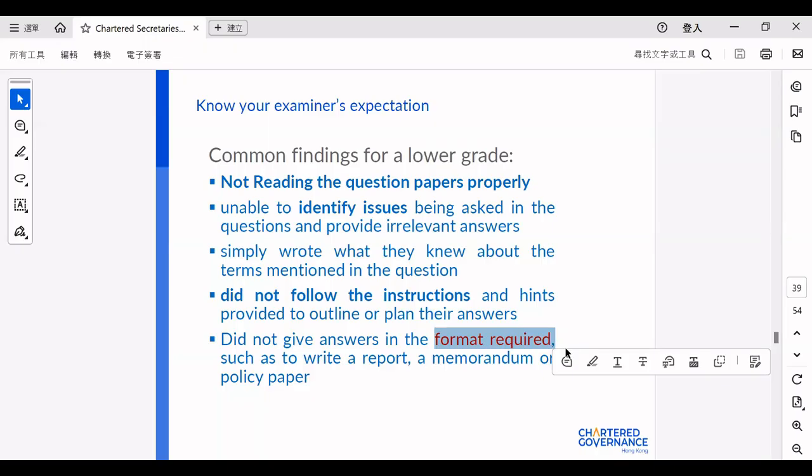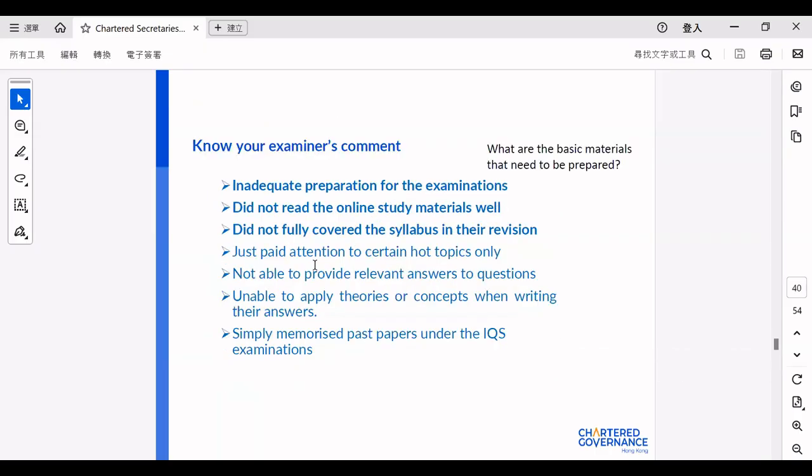So if you're asked to prepare a report, it should be in a report format. Sometimes they ask you to prepare a memorandum. Sometimes they ask you to prepare a paper for circulation and that sort of thing. So try to do it according to the format requirement. Sometimes they give you marks for that.